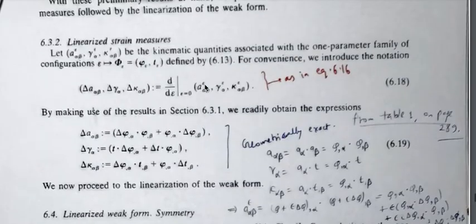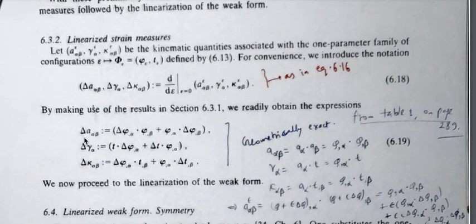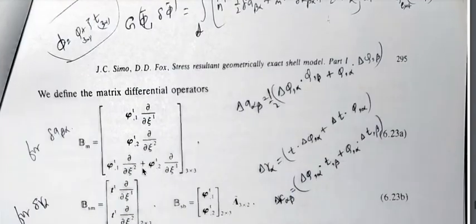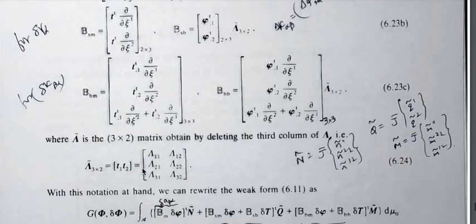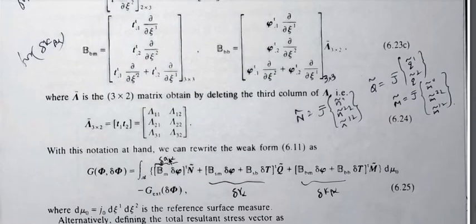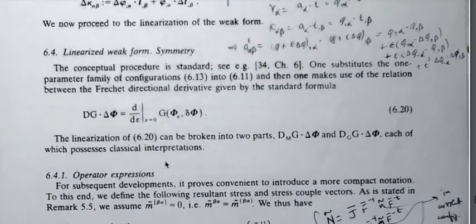Now a question arises: here we have written the expression of big delta A alpha beta and likewise for other strains, but here we are seeing the small delta A alpha beta being represented by Bm times small delta phi. Why is there this difference?